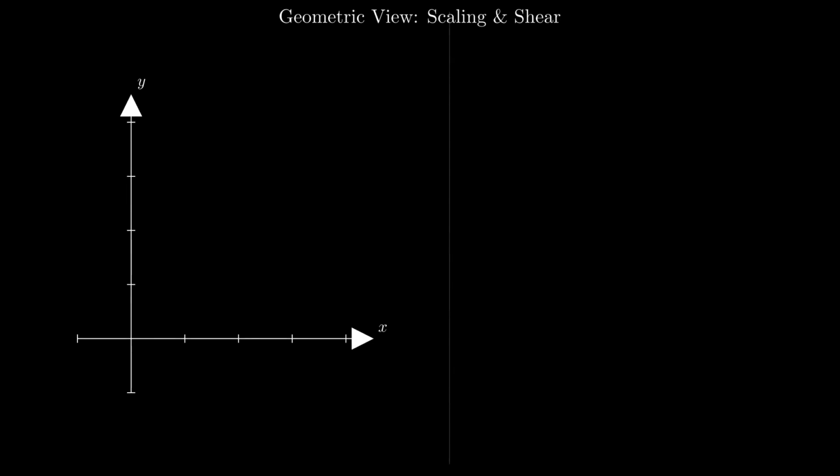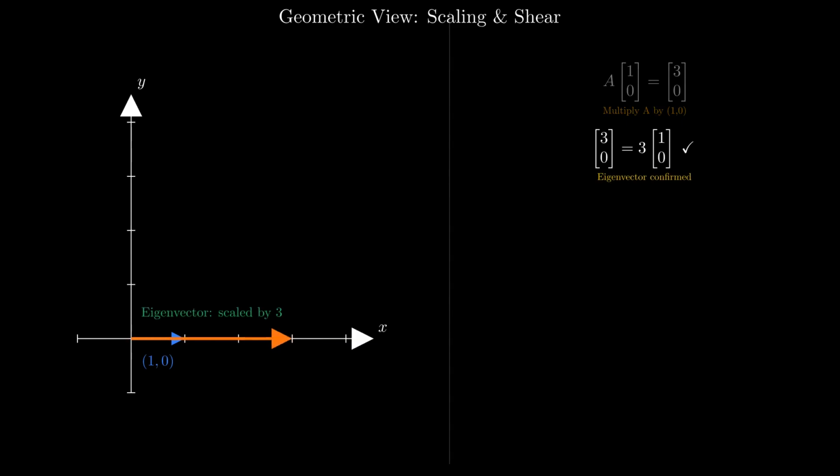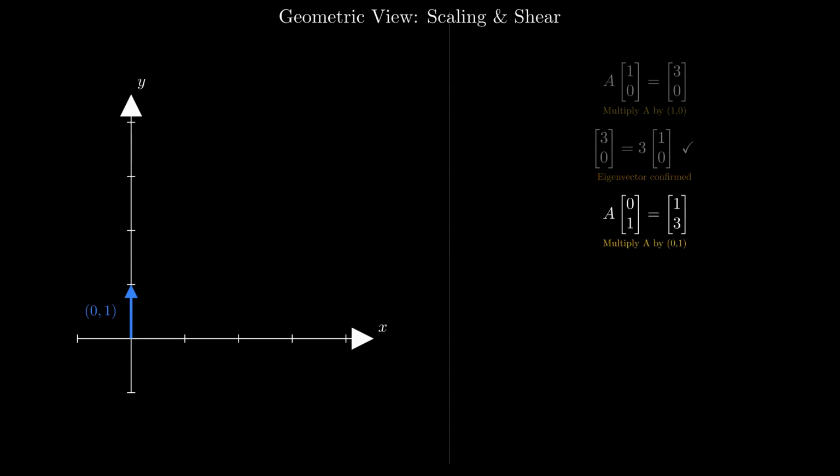Geometrically, this matrix scales and shears. Let's see this in action. Take the vector (1, 0) pointing along the x-axis. A times (1, 0) gives (3, 0). It's scaled by 3, staying right on the x-axis. That's true eigenvector behavior. Now take (0, 1), pointing straight up. A times (0, 1) gives (1, 3).